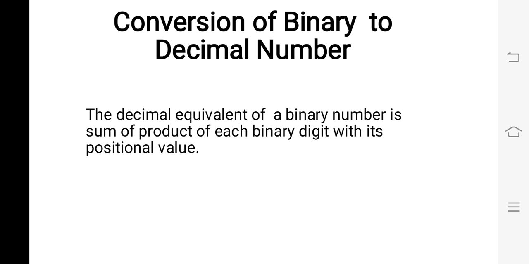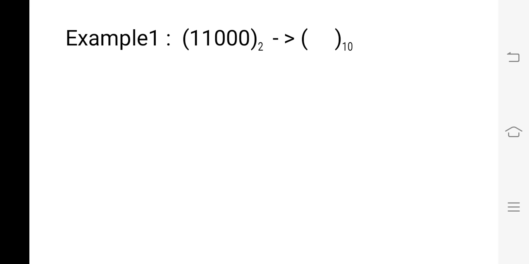Now we will understand how we find the decimal equivalent of any binary number. In this, what do we have to do? We have to find the sum of the product of each binary digit with its position value. When we multiply each binary digit with its position value and add all these calculations, we get the decimal equivalent.